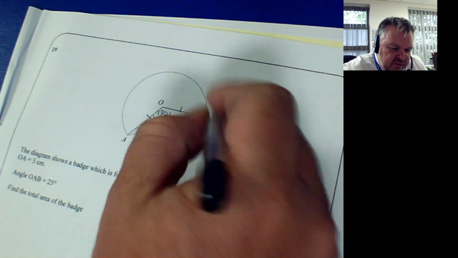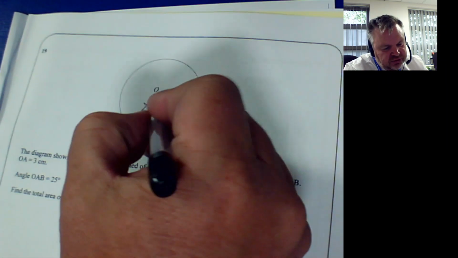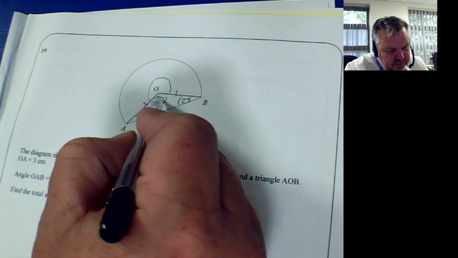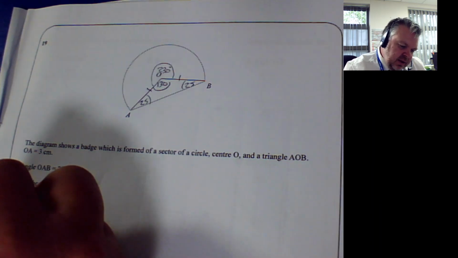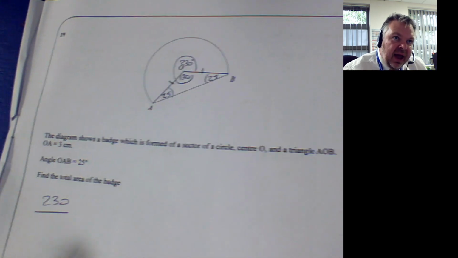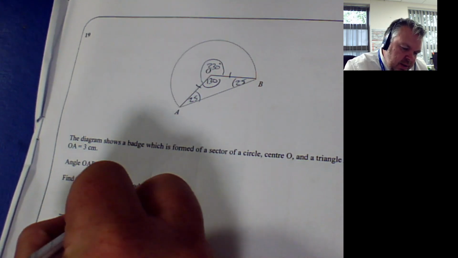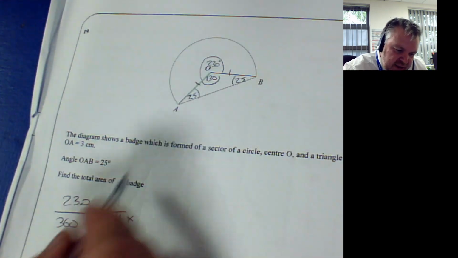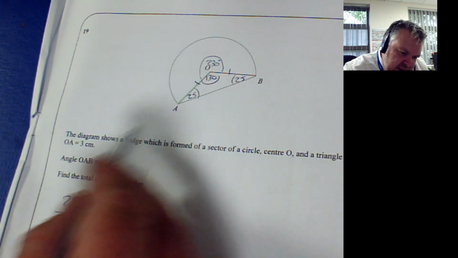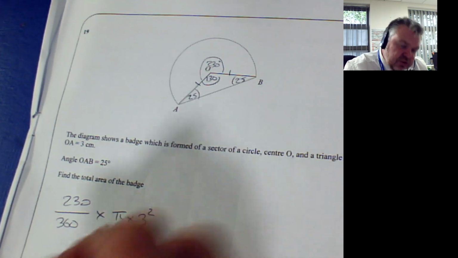What we're trying to work out is the area. So let's work out the area of my whole circle, and then I want to have just this proportion of it, which is 230 degrees out of 360. So I'm doing 230 out of 360 multiplied by pi r squared. Pi times my radius, OA, is 3 squared.